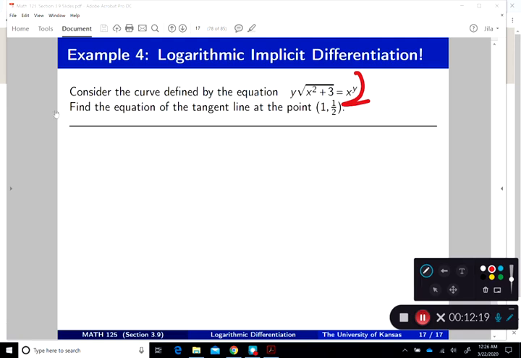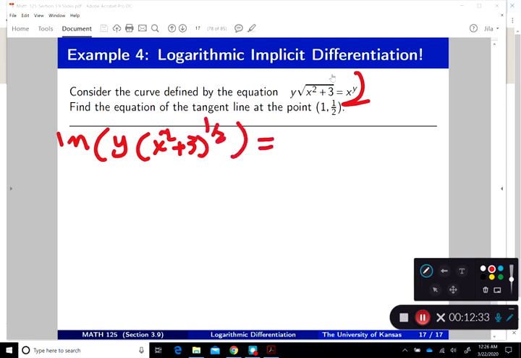So let's just start by making it into values that we can figure out. I'm taking the natural log of both sides first. So it's y, and then I have x squared plus 3 to the power 1/2, natural log of that, and the natural log of the other side is just y natural log of x. That was the first step, and now the second step is simplification.